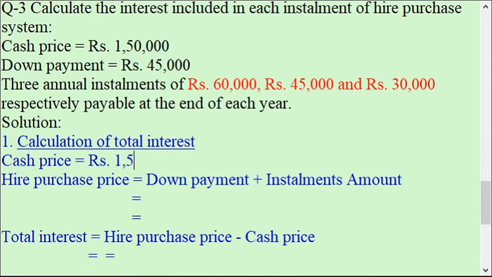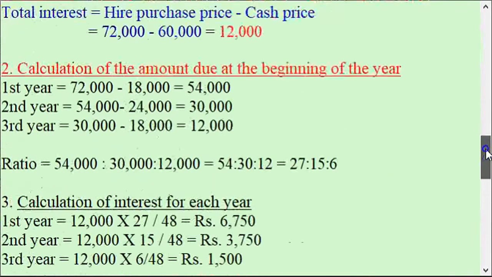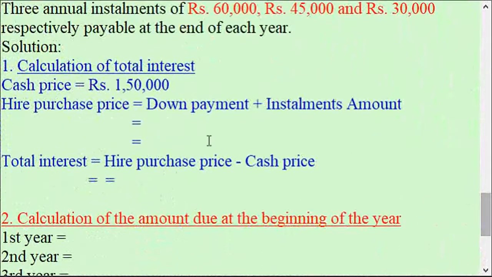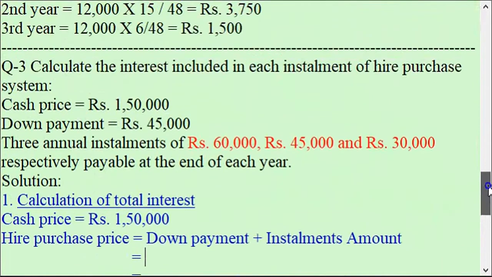So cash price is 1,50,000. Hire purchase price equals down payment of 45,000 plus total installment amount. How much is that? 60,000 plus 45,000 plus 30,000.